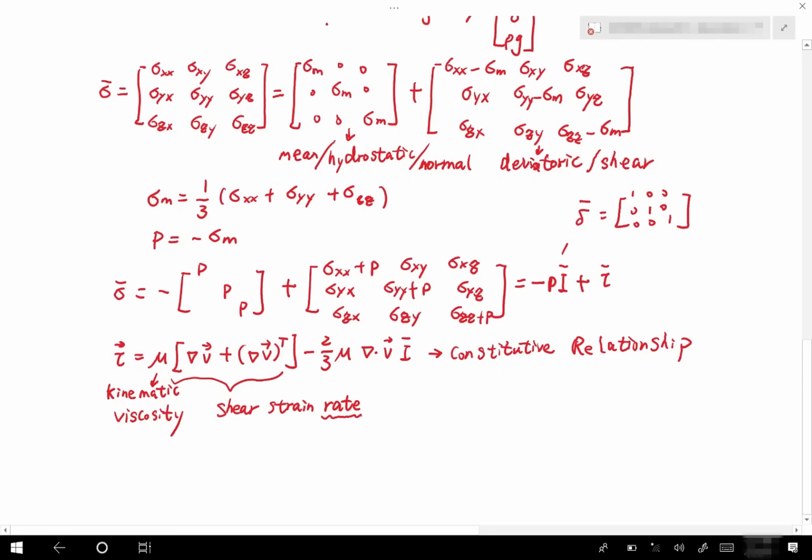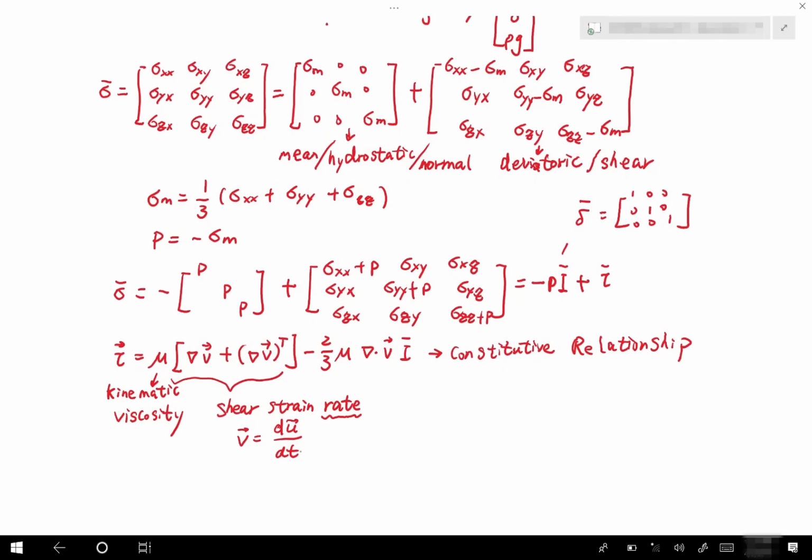Time, right? You have a rate because here v, we can believe, is the temporal derivative of u with respect to time, right? The change of location with respect to time. That could be the definition of velocity.